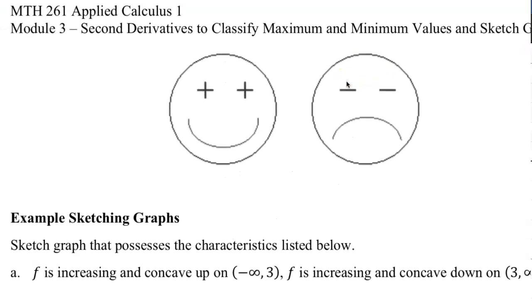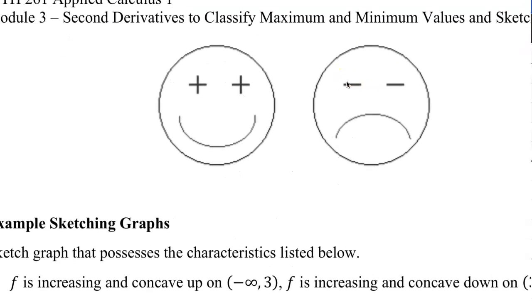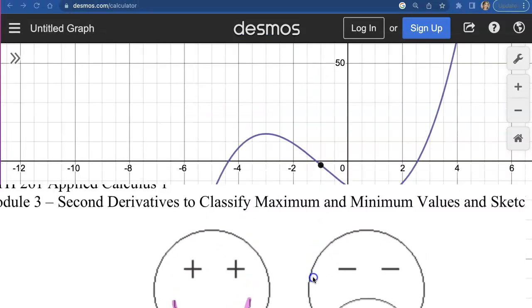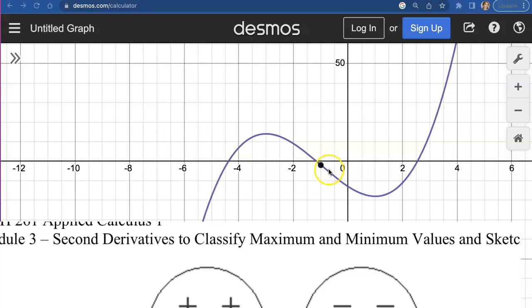So over here, this is an image of concave up. If the graph looks like this, it's going to be concave up. So on our graph right here, you see this part of the graph is concave up, right?